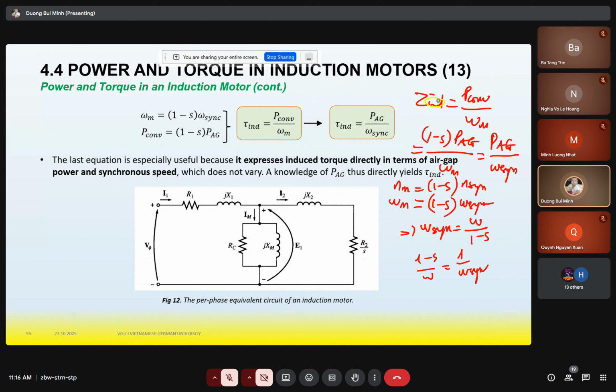The first one, we calculate induced torque based on this ratio, P_convert over omega_m or P_AG over omega_sync. Remember that P_convert is divided by omega_m, P_AG is air gap power over omega_sync.